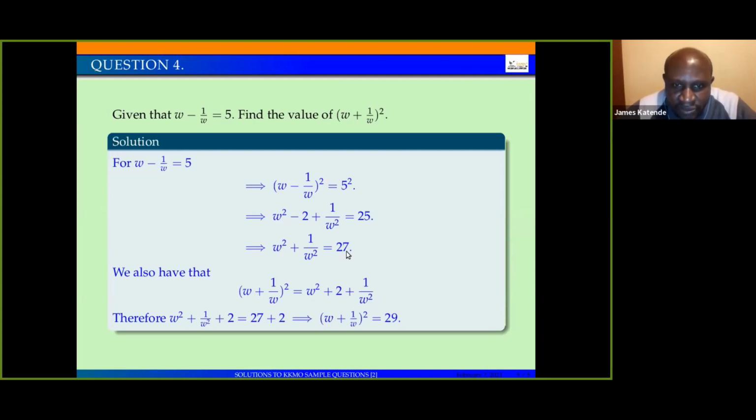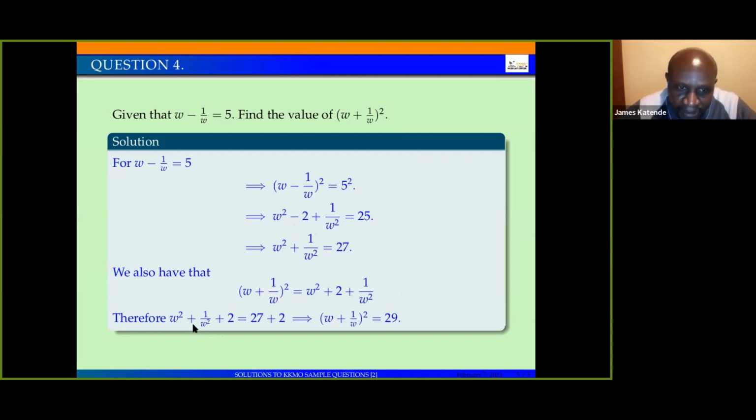And with a little rearrangement, you end up with W squared plus 1 over W squared will be equal to 27. So we also observe that if you square W plus 1 over W, you get W squared plus 2 plus 1 over W squared. But you have already obtained the value of W squared plus 1 over W squared, which is 27.